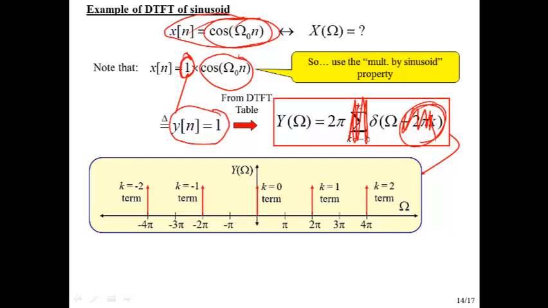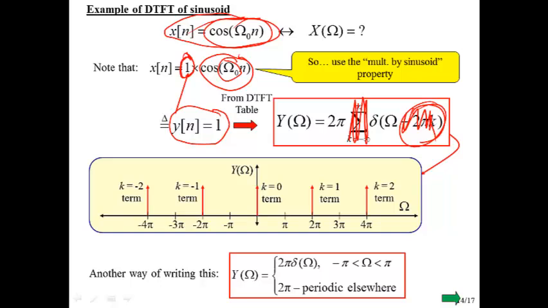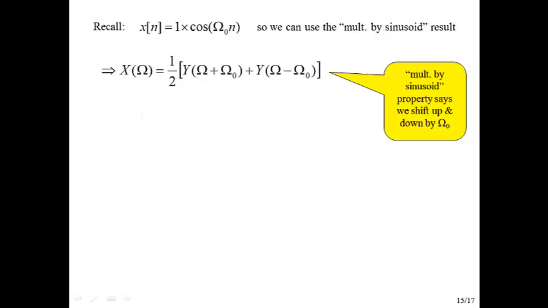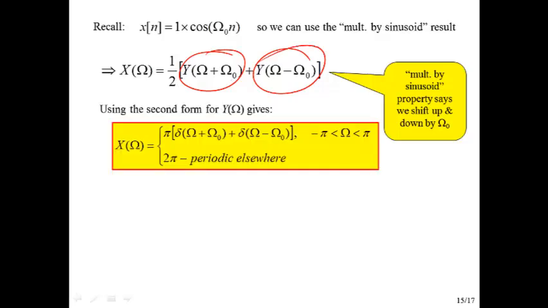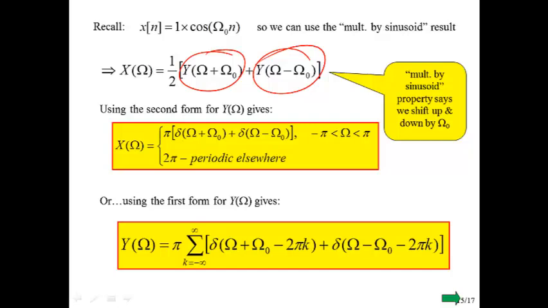Now this thing is going to shift it up and down by omega 0, and remember, omega 0 is between minus pi and pi. That's just another way of writing that result. The modulation property says shift up and down. So now using this easier form, we take the delta function, we shift it up and down, and now we show the more complicated form.